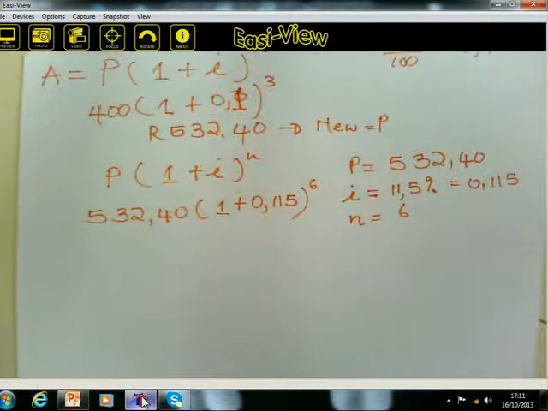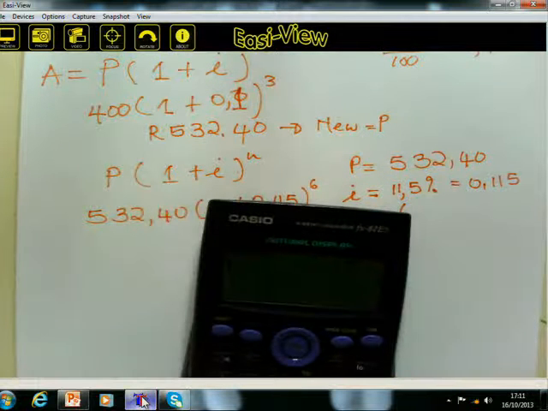Let's calculate that now. 532.40(1 + 0.115)^6, and then it gives us 1023.0273, which will be 1023 rand 3 cents.